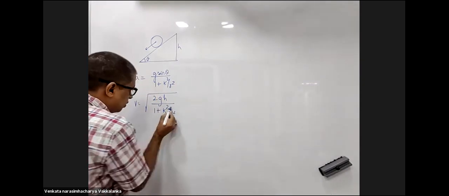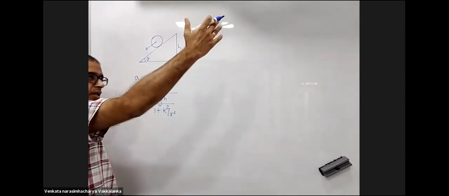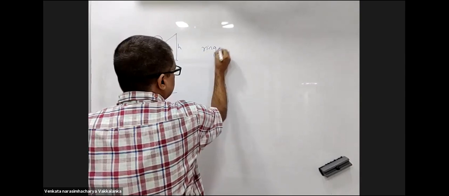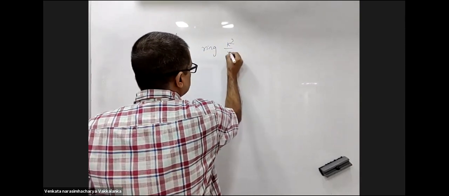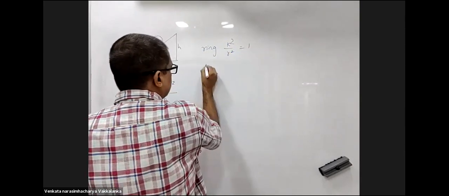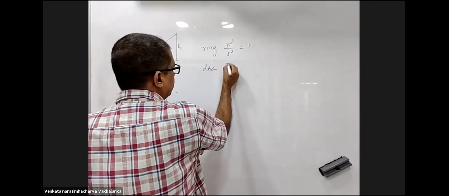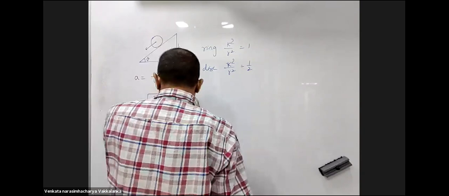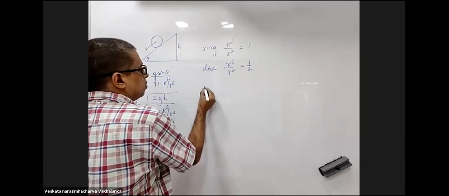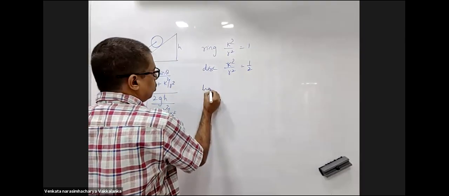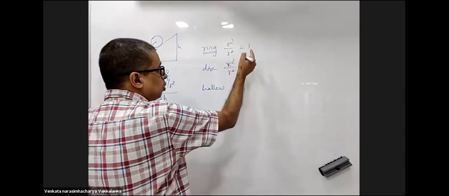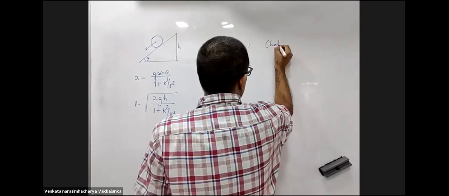right? So whichever has the greater k squared by r squared will have lesser velocity. For a ring, how much is k squared by r squared? 1. For a disk, k squared by r squared is half. For a hollow sphere, ring and hollow cylinder are the same.